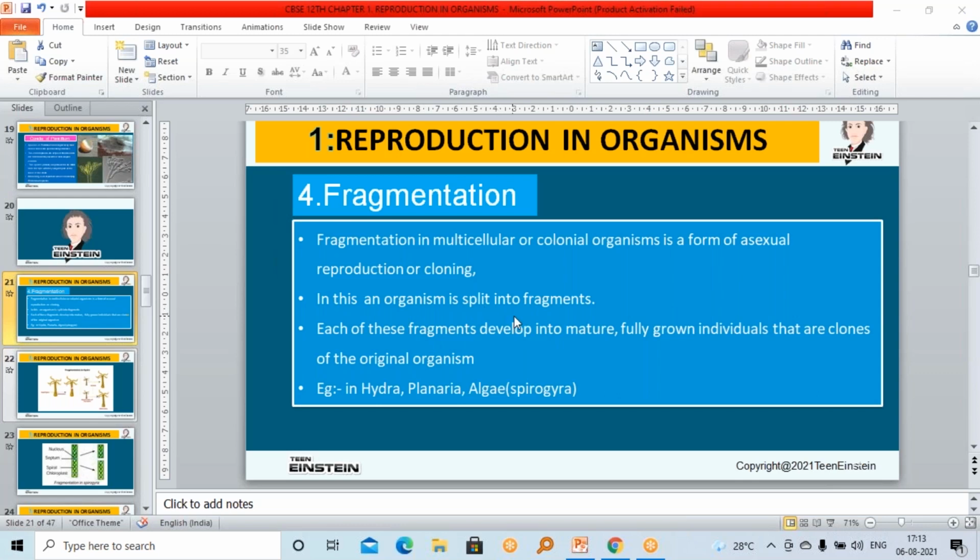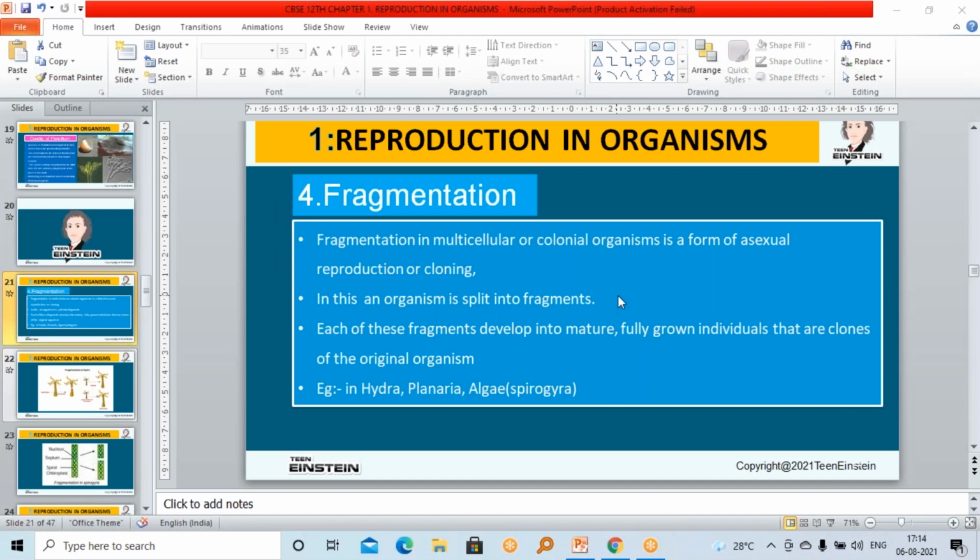Fragmentation, what is that? Fragmentation is a method of asexual reproduction. In multicellular or colonial organisms, fragmentation is the asexual mode of reproduction.